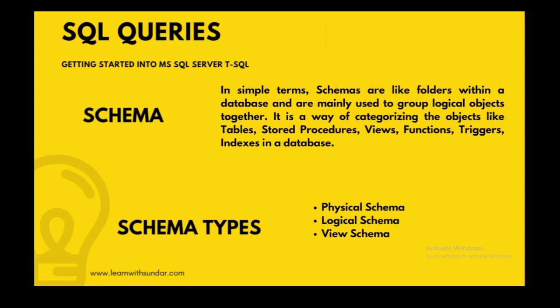What is a schema? In simple terms, schemas are like folders within a database and are mainly used to group logical objects together. It is a way of categorizing objects like tables, stored procedures, views, functions, triggers, and indexes in a database. It defines how the data is organized and how the relations among them are associated.